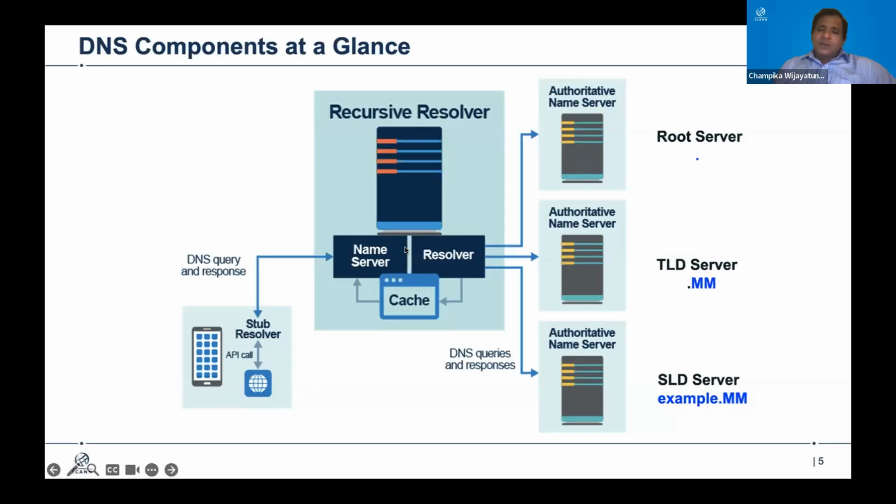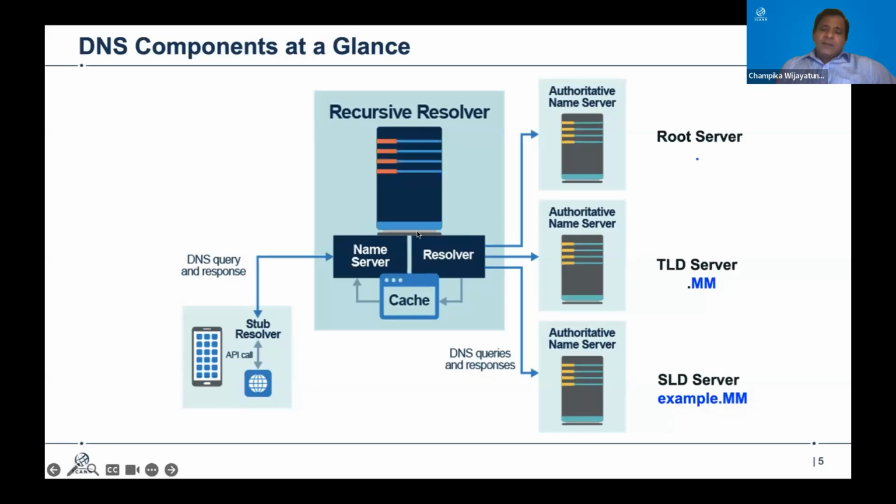So that response will be returned to the recursive resolver, and then recursive resolver can go and talk to the .mm servers, right? And then .mm servers would do the same thing. They give a referral to the next level, because example.mm is delegated by the .mm servers. So the IP addresses of example.mm servers are recorded in the .mm server.